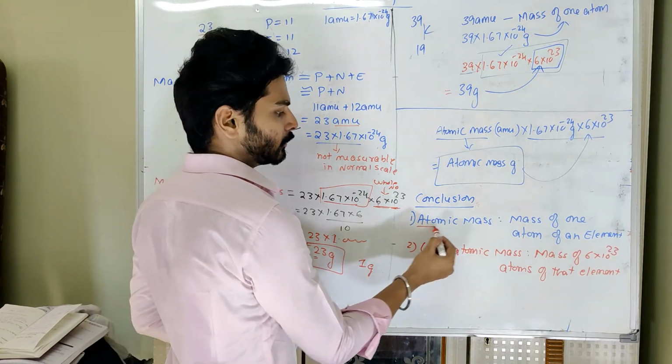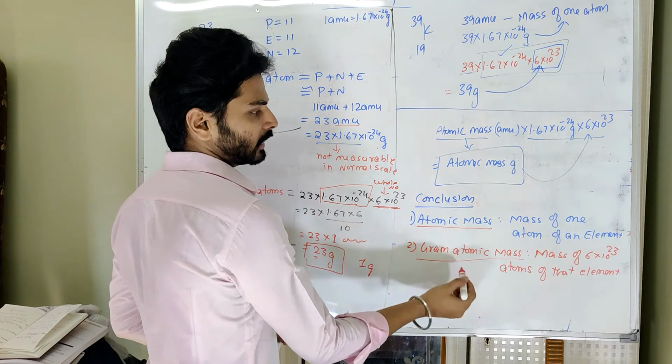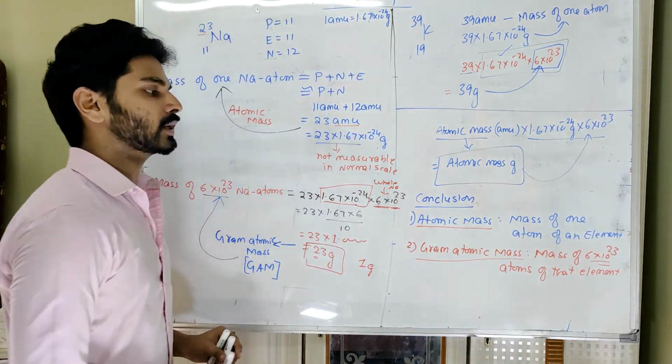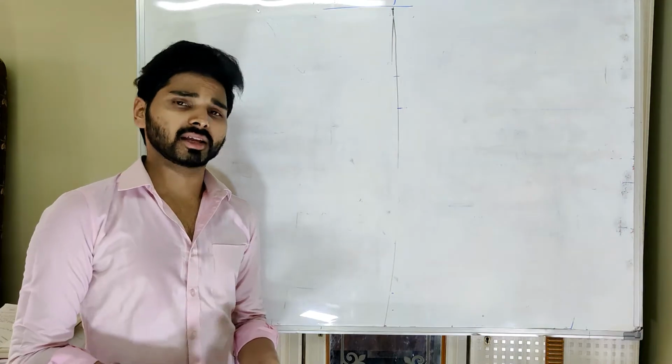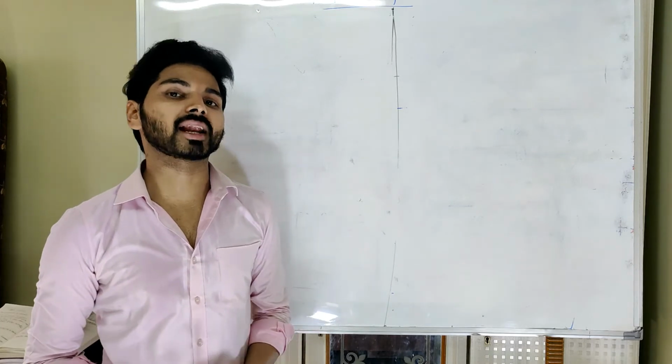So the difference between atomic mass and gram atomic mass is simply that you are expressing the same thing in gram, but you have to remember the count has been changed to 6 into 10 raised to 23. Yes, they are the same wherever there are no isotopes of that element.